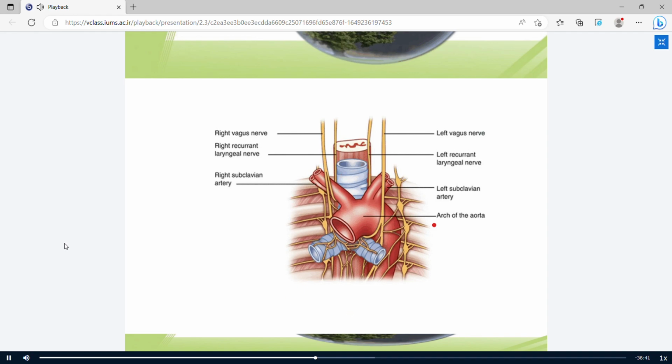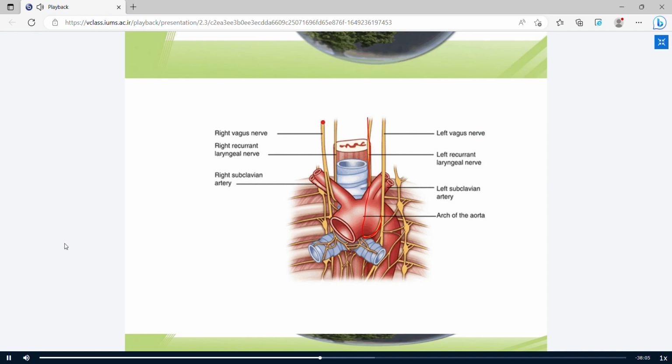In the thorax, the vagus nerve has a recurrent laryngeal nerve here. The left recurrent laryngeal nerve, near the aortic arch, arises from the vagus nerve and turns upward. It passes in the groove between the esophagus and trachea and comes back to the neck.